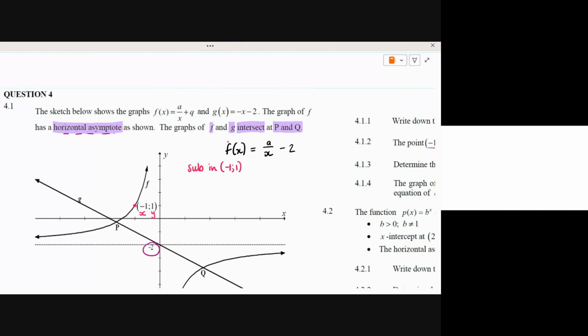I know that my f of x stands for y, so I'm going to sub in my y value as 1, and my x value as -1. So 1 is equal to a over -1 minus 2.